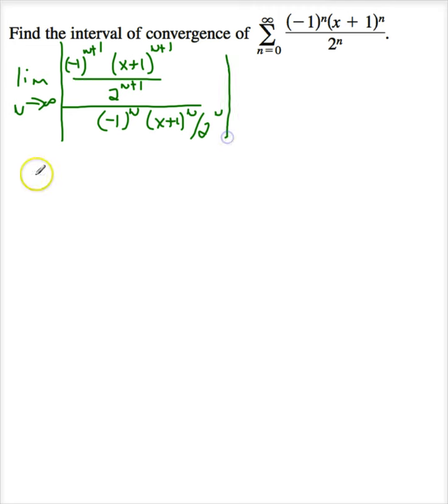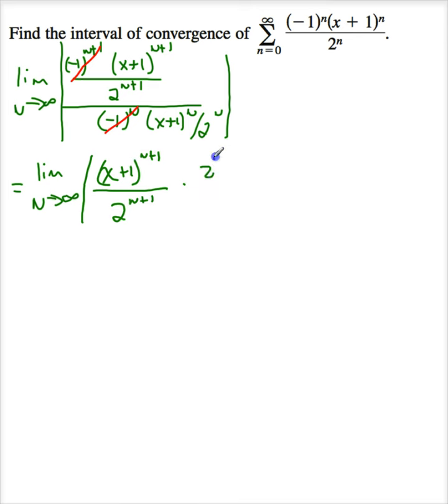That's kind of a mess. Now clearly we can drop off the negatives, those are going to go away. I just don't like writing them. Absolute value, x plus 1 to the n plus 1 divided by 2 to the n plus 1, times 2 to the n divided by x plus 1 to the n.